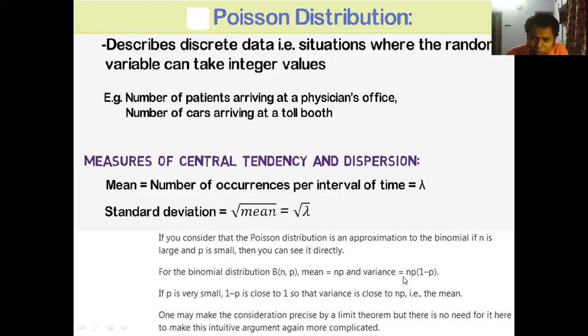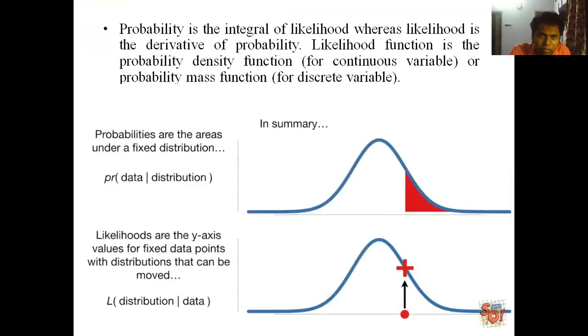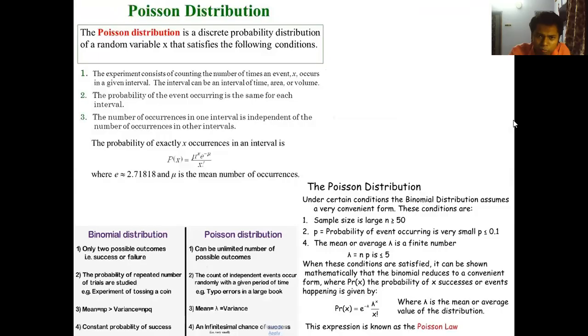That's why standard deviation is root under npq. And I have also said that if you would like to know the proof of the formula, you can check out the YouTube link that I gave earlier.